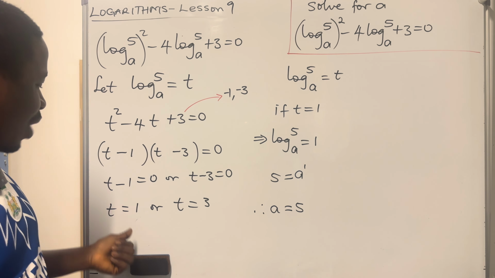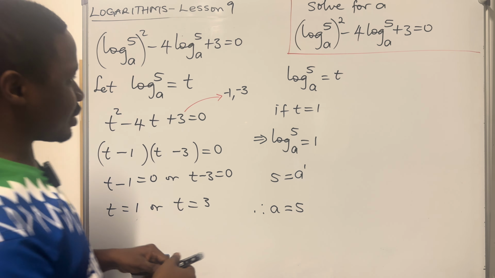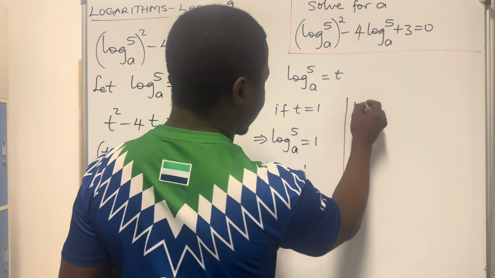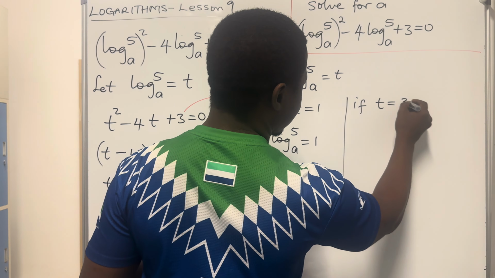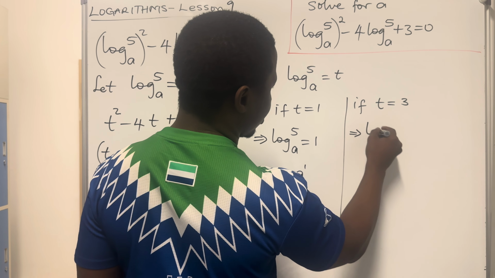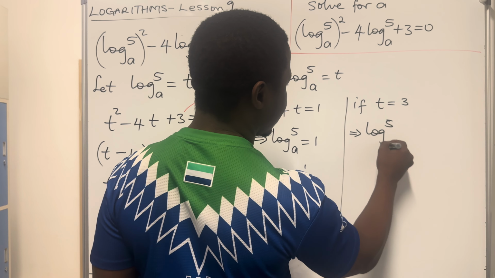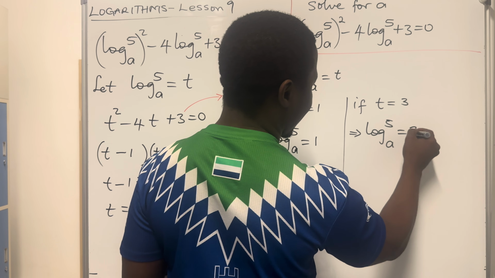But we don't only have one value for t, we have 2. So we need to go again. We say if t is equal to 3, this implies log 5 base a is equal to t, but t is now 3.